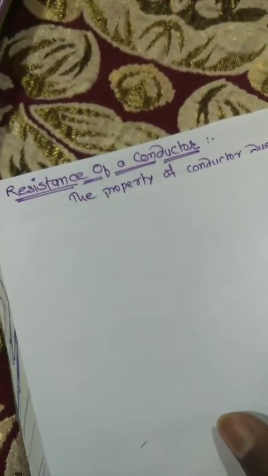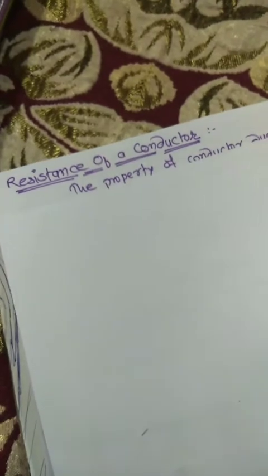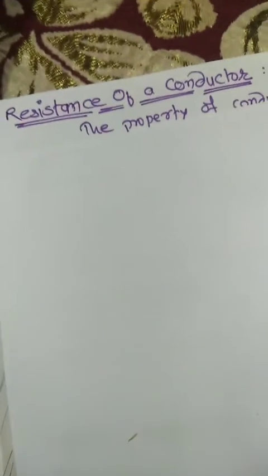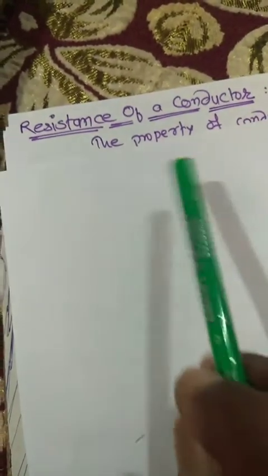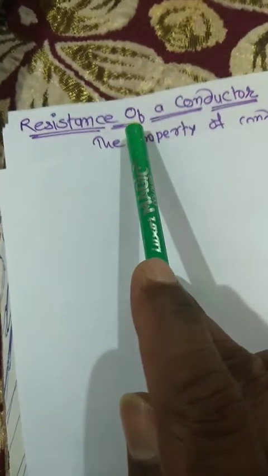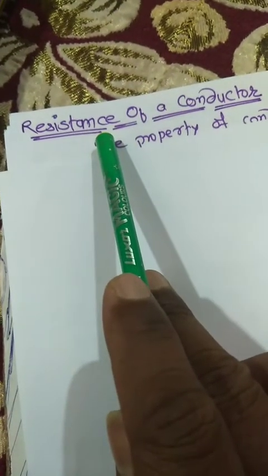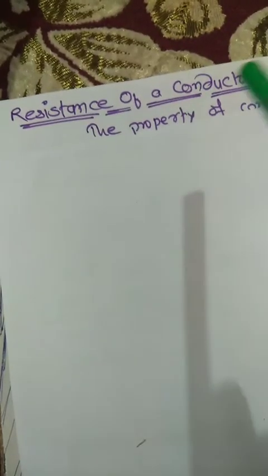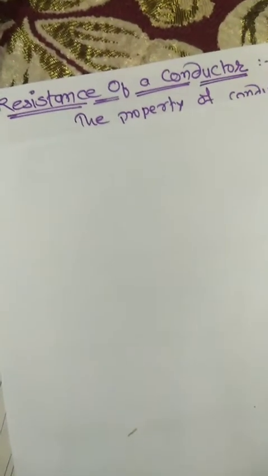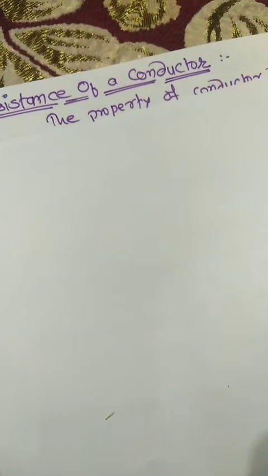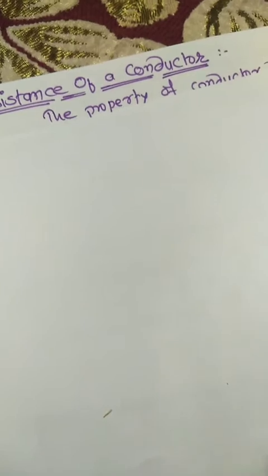So in the last video we discussed resistance. Now in this new video we will discuss the actual meaning of resistance. So what is resistance? Resistance means the property of a conductor which opposes the flow of current through the conductor.